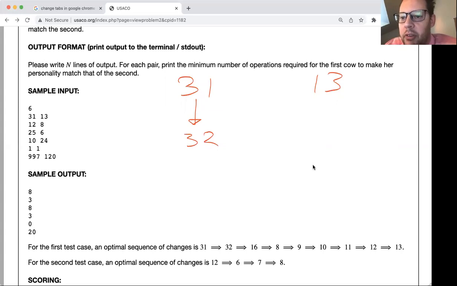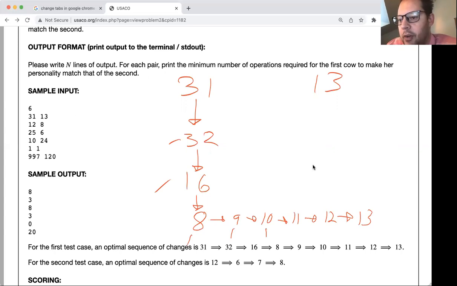So dividing by 2 makes the most sense. That'd be 16. It's getting closer to 13. We can divide by 2 again to get 8. And then if I were to add, I could get to 9, 10, 11, 12, 13 potentially. Let's see how many operations that is. 1, 2, 3, 4, 5, 6, 7. That's 8 operations. That seems to have worked.